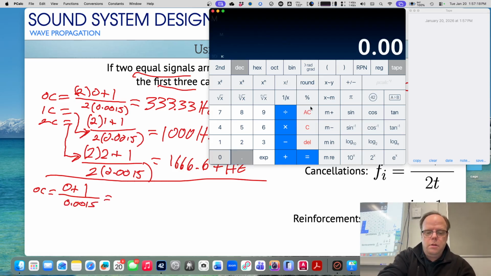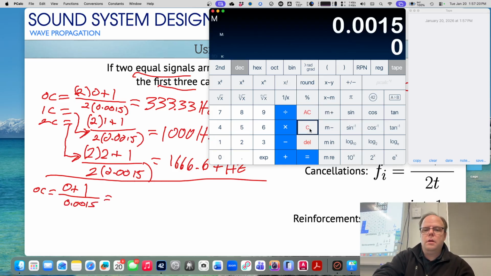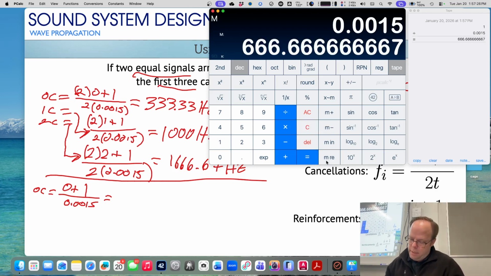So that will be 0 plus 1 is 1 divided by that, and I get 666.67 hertz. Hopefully you're starting to see the pattern here, right? I mean, the answers here are in multiples because that's how sound works. That's how frequencies work. Okay.